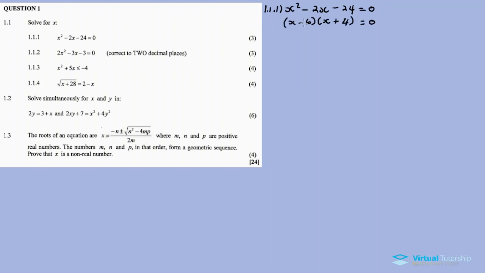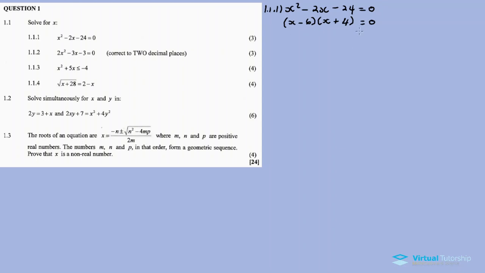Those numbers are minus 6 and plus 4. Minus 6 times plus 4 is negative 24, and negative 6 plus 4 gives negative 2. Those numbers are the factors, so they go inside the 2 brackets.